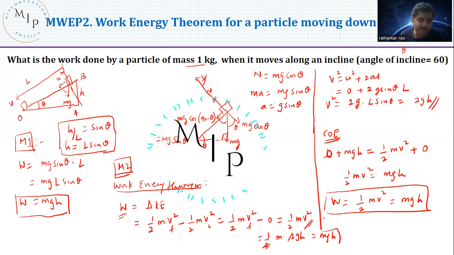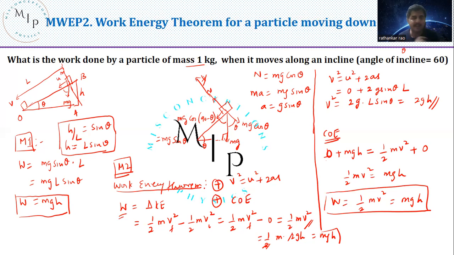Thus by both the methods, M1 and M2, the first one is by the kinematic method. I did not use any energies. The second one, I can either combine work energy theorem plus V square equal to U square plus 2AS, which I can use to get the answer, or I can also use work energy theorem and conservation of energy to get the final result.